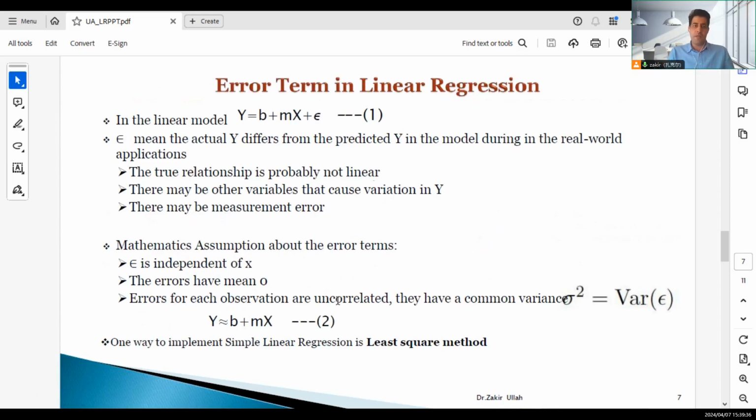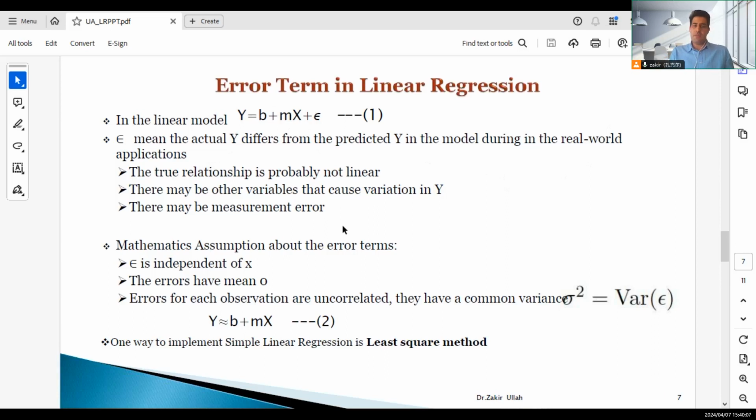Before we move on, let's talk about the error term in more detail. In the linear model, y = b + mx + epsilon. The error term means that the actual y differs from the predicted y in the model during its real world implementation.